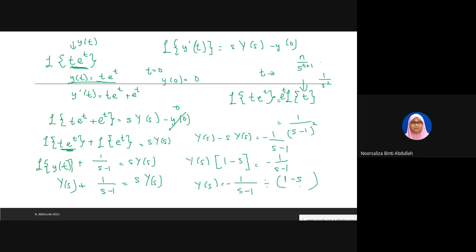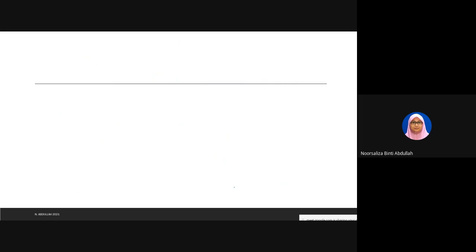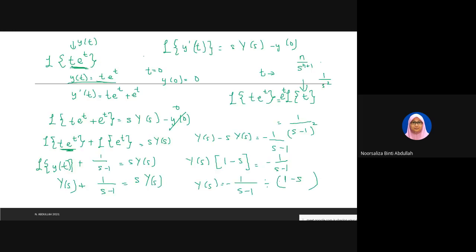So 1 tolak s, this one kalau you susun balik, you akan dapat berapa? Y S equals to minus 1 over s minus 1, bahagikan dengan 1 tolak s.